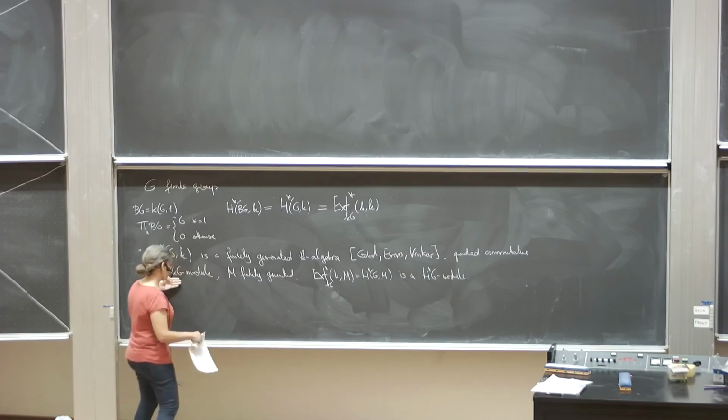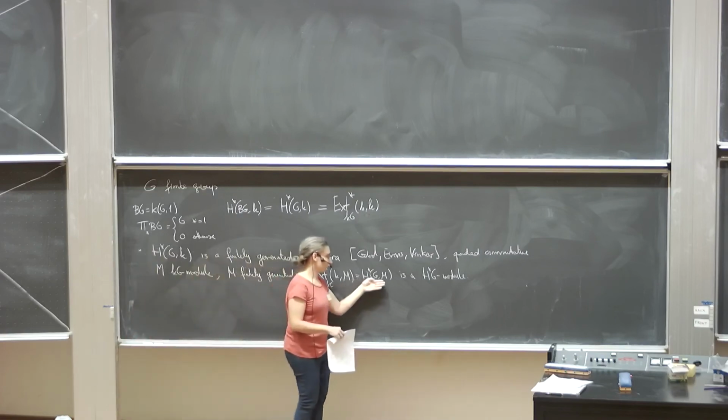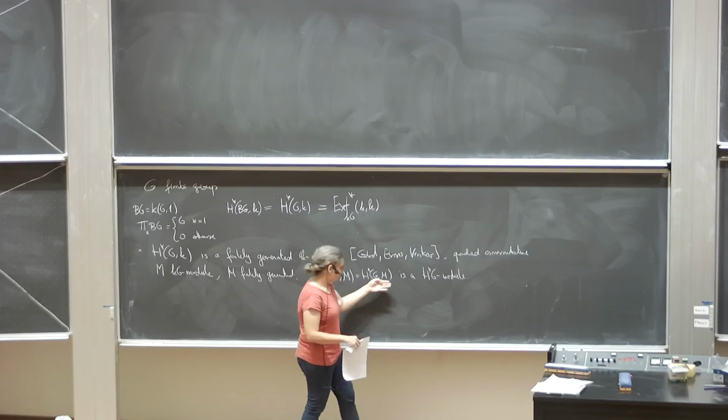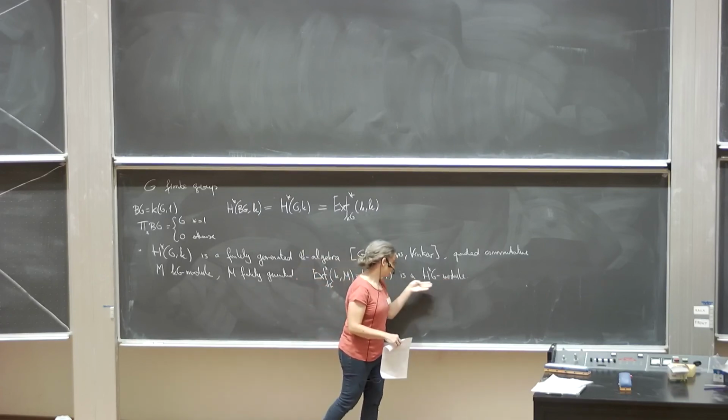So we start with a KG module. I look at the cohomology of G with coefficients in M. Turns out that it has the structure of a module over the cohomology of G.